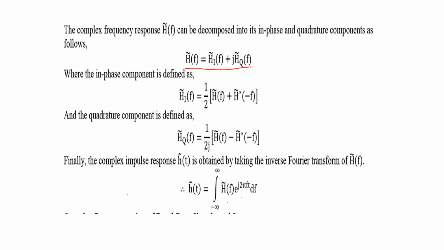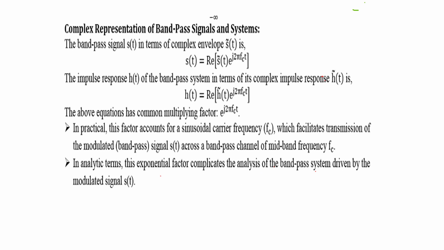Finally, the complex impulse response h tilde of t is obtained by taking the inverse Fourier transform of h tilde of f e to the power of j 2 pi f t df. So this is about the complex representation of the bandpass system.